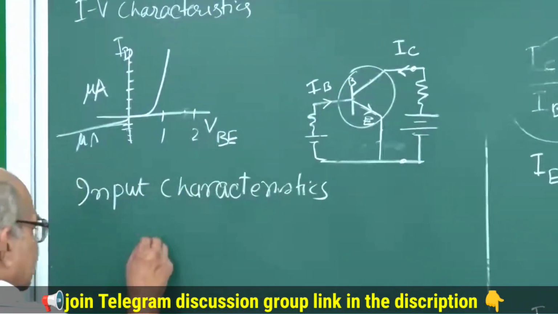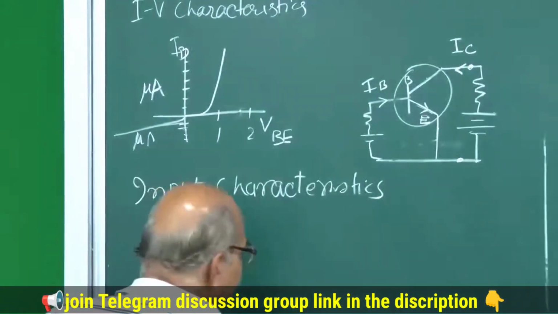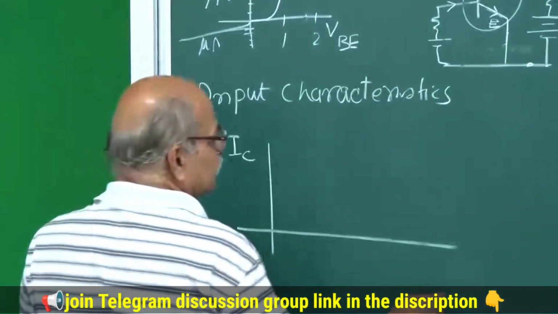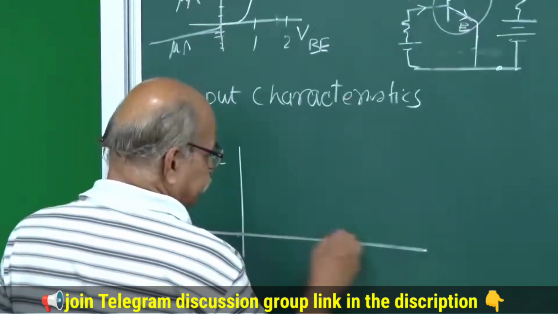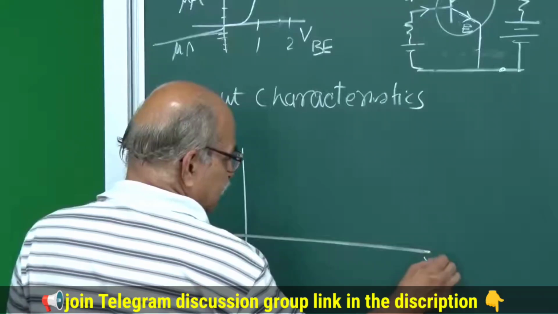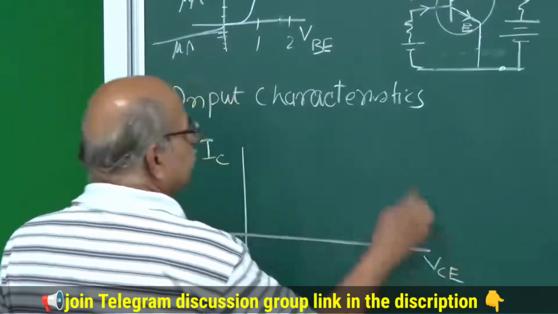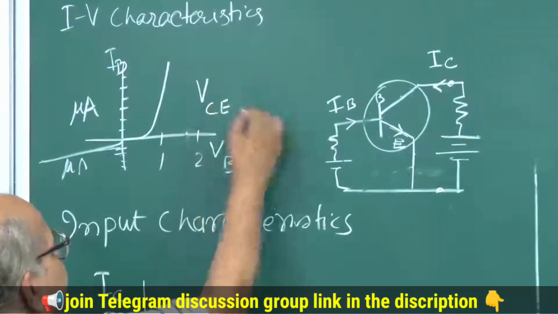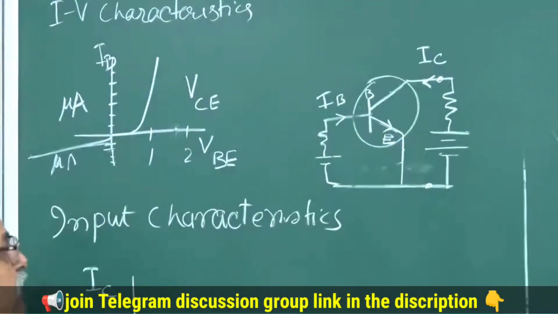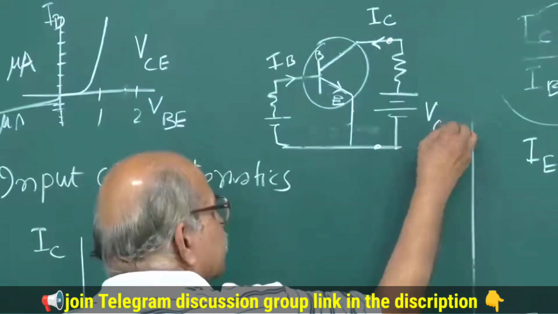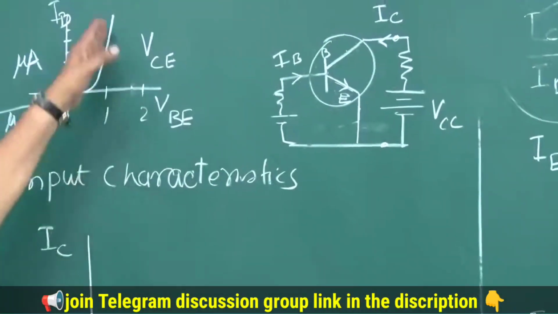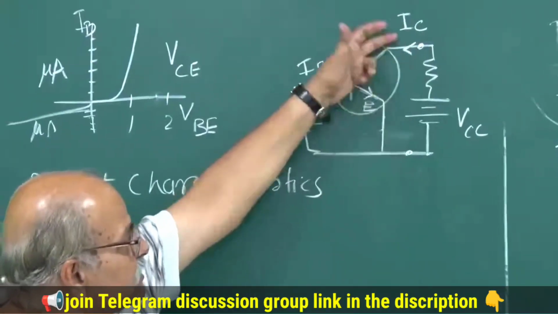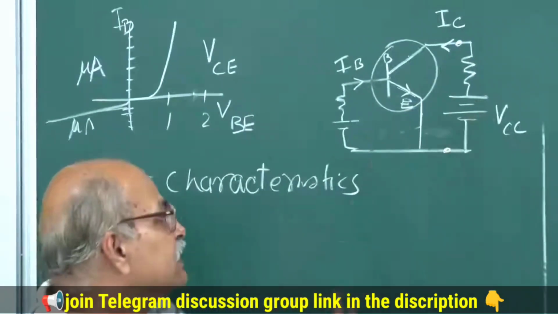So if you draw curves of this IC, collector current, and here you have VCE. By the way, in this particular case, VCE is constant, and for that you may have to adjust this VCE, because if current is changing, then this drop is changing, and if you want to keep this VCE constant, you have to adjust this VCC here.